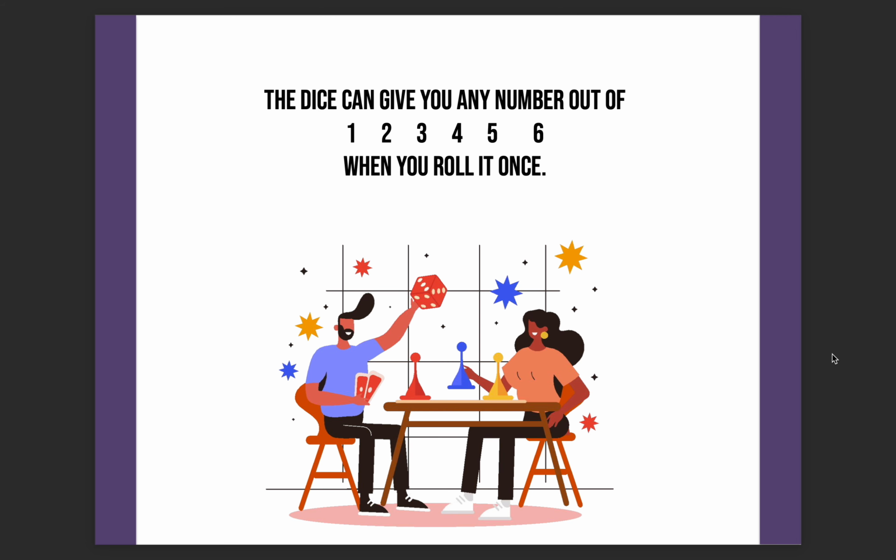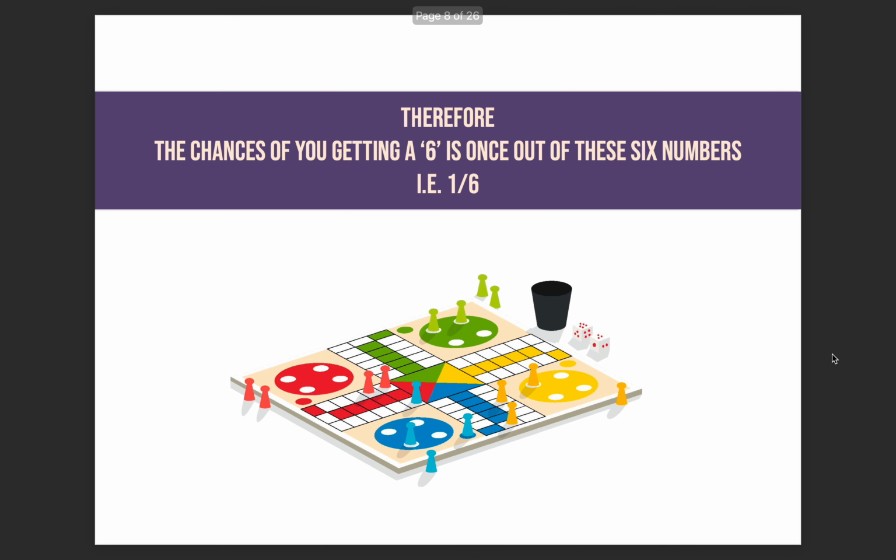The dice can give any number out of 1, 2, 3, 4, 5, or 6 when you roll it once. So the possible outcomes are only 1, 2, 3, 4, 5, 6.